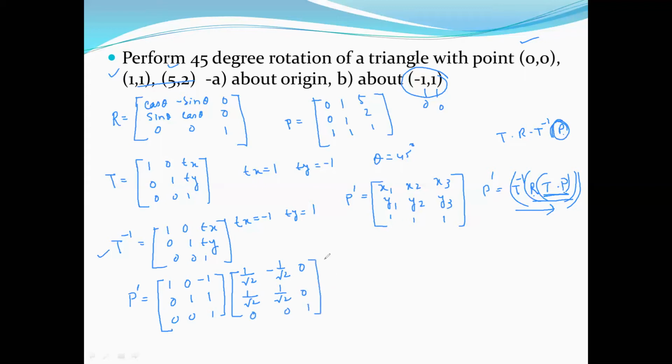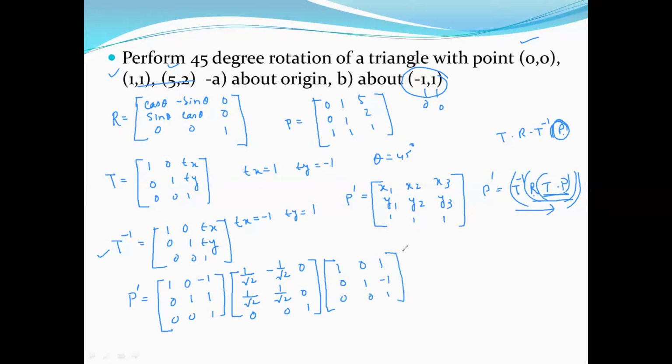Finally I have to write the value of T. T is the same form, and Tx here is 1, so [1 0 1; 0 1 -1; 0 0 1].